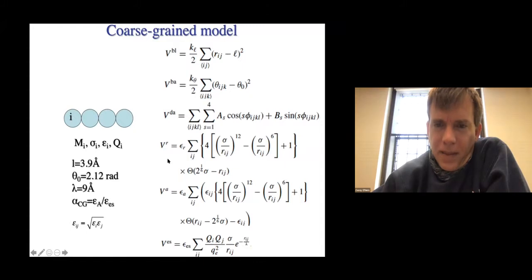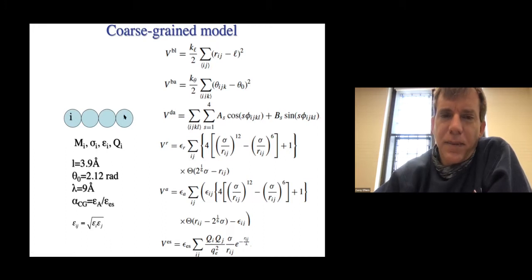Then I'm going to have a repulsive part of the potential between non-bonded monomers so that the monomers don't overlap each other. So that's just based on their sizes. So like monomer 4 can't overlap monomer number 1.